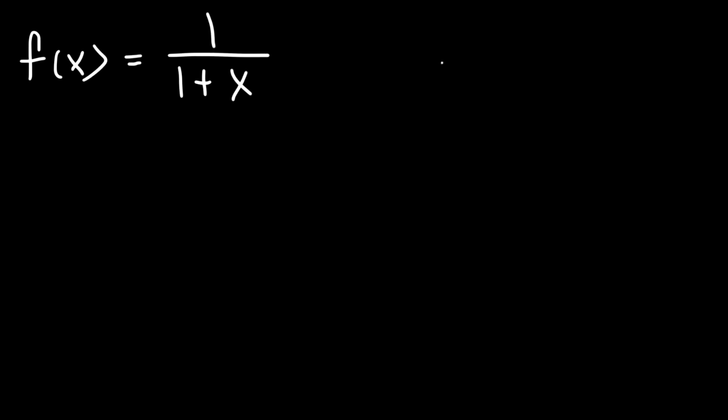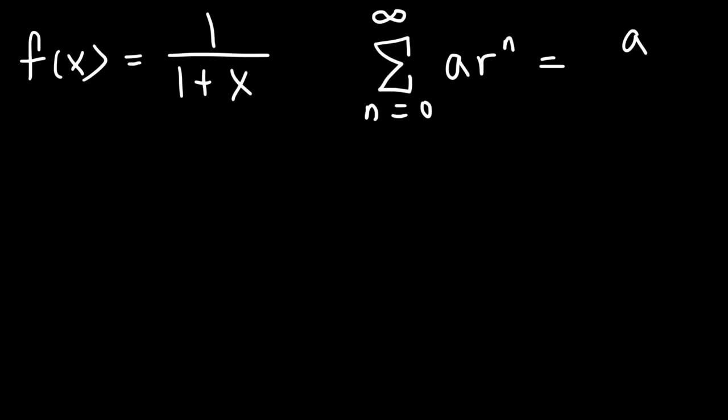Well, first, you need to be familiar with a geometric series. Now, there's two forms that you might have seen it. Here's one form: the sum of a times r to the n is equal to a over 1 minus r. This is the sum of an infinite geometric series. Now sometimes you might see it in this form.